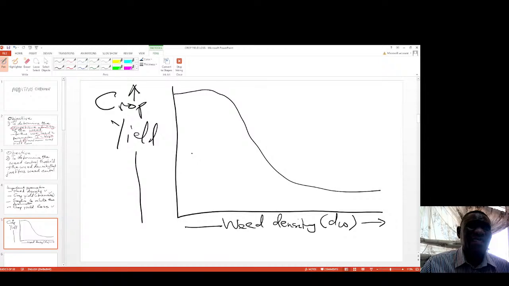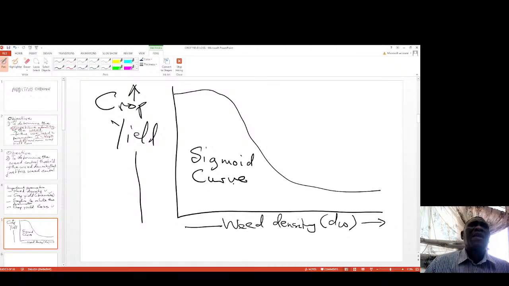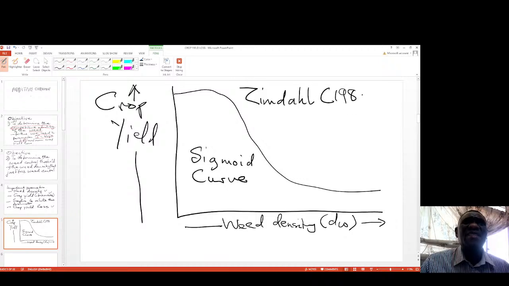It's known as a sigmoid curve. And this was suggested by Cousens in 1982.